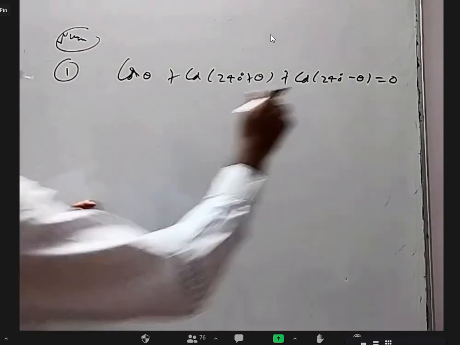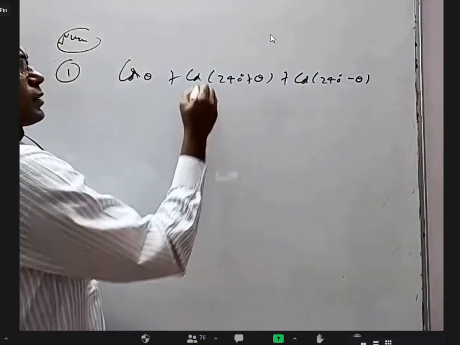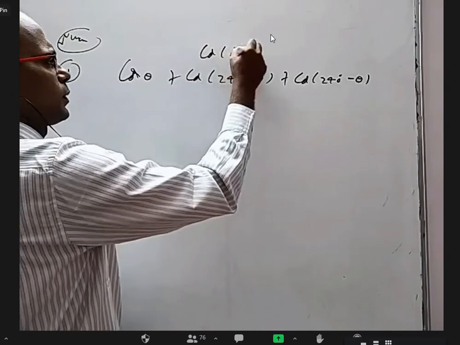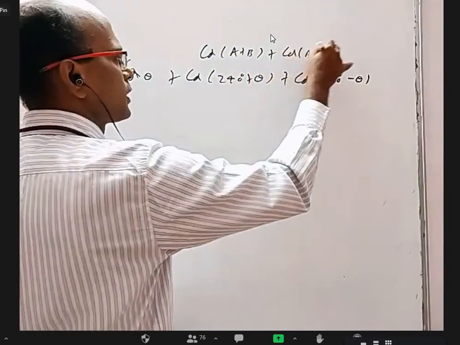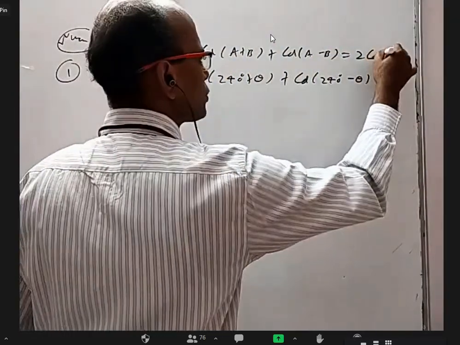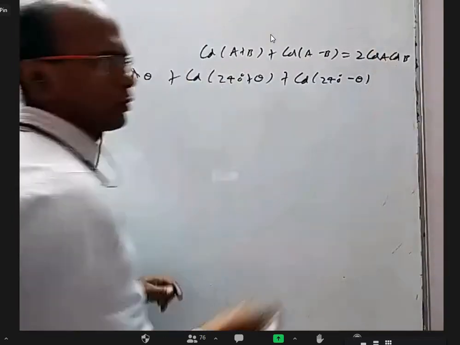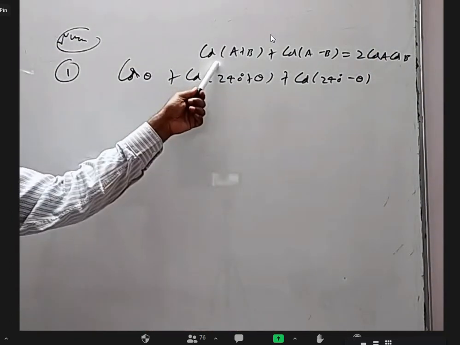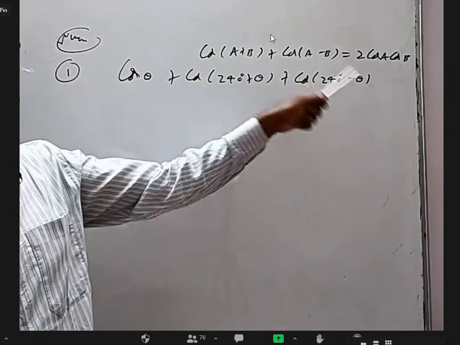How to prove it? We have the formula cos A plus B plus cos A minus B is 2 cos A cos B. How did this come? It is very simple. This is cos A cos B minus sin A sin B, and this is cos A cos B plus sin A sin B. If you simply expand it, it will come.